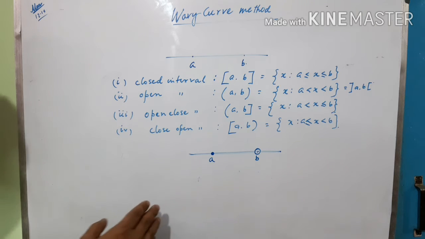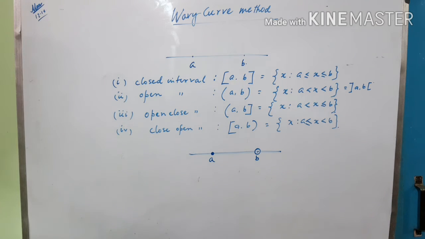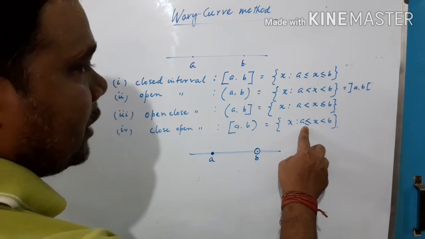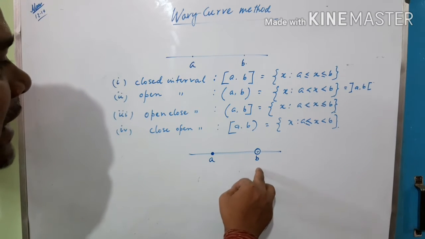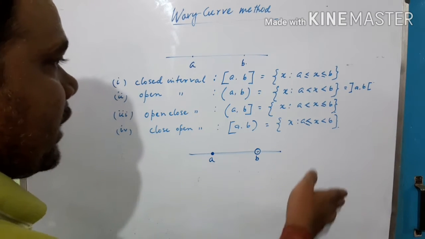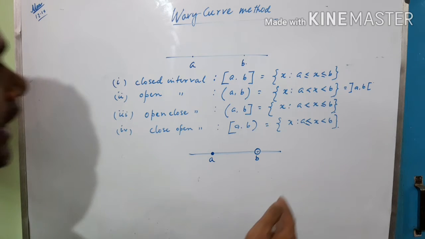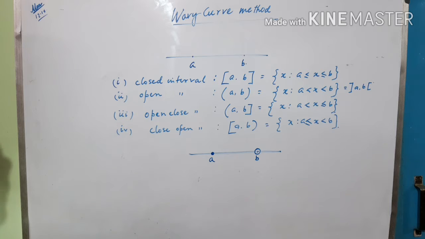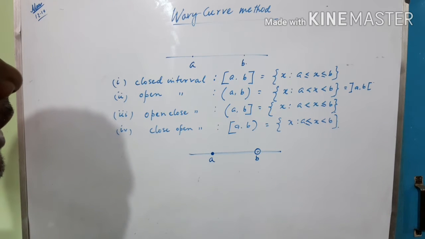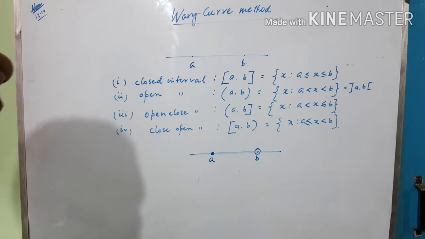Clear? A solid dot means the point A is included in the interval, that is x can assume the value A, you can see that less or equals to A, and a blank dot means x cannot assume the value B, so x can assume any value which is less than B.